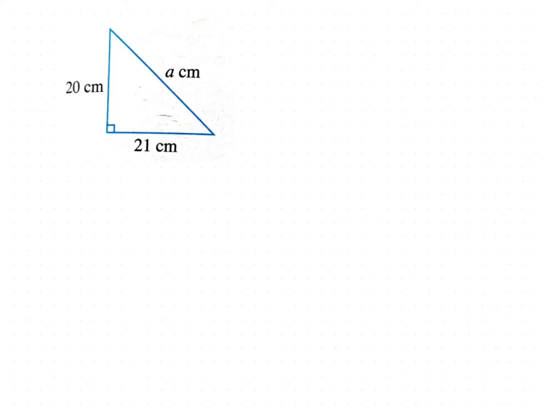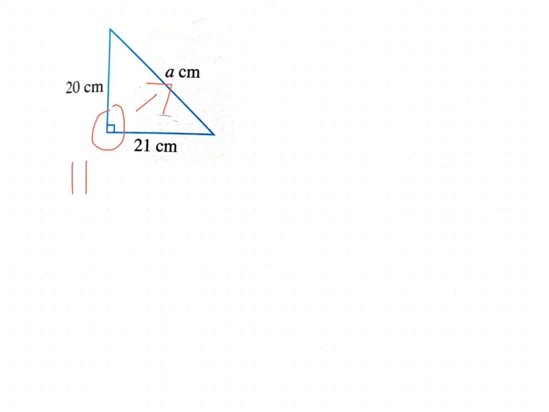As we can see, here is a right angle triangle with a right angle on this side. First of all, we have to identify the hypotenuse. How can we identify it? We have to see which side is opposite to the right angle. A is opposite to the right angle and it is unknown, so we have to find the hypotenuse, which is A centimeter.